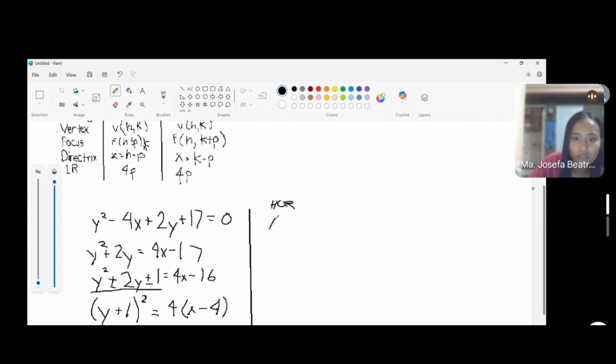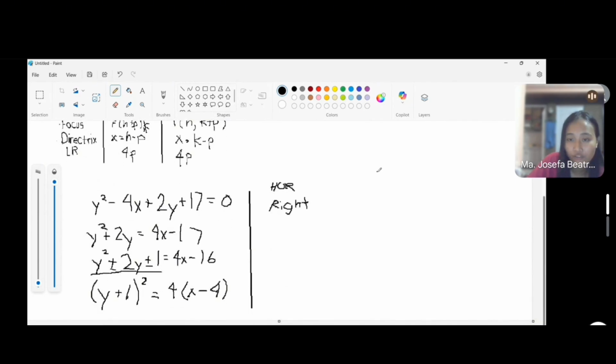So our horizontal parabola opens to the right, and then to be able to find the other properties, we must determine our h, k, and p first. So our h, let's look at our standard equation. Basically, our h is positive 4.